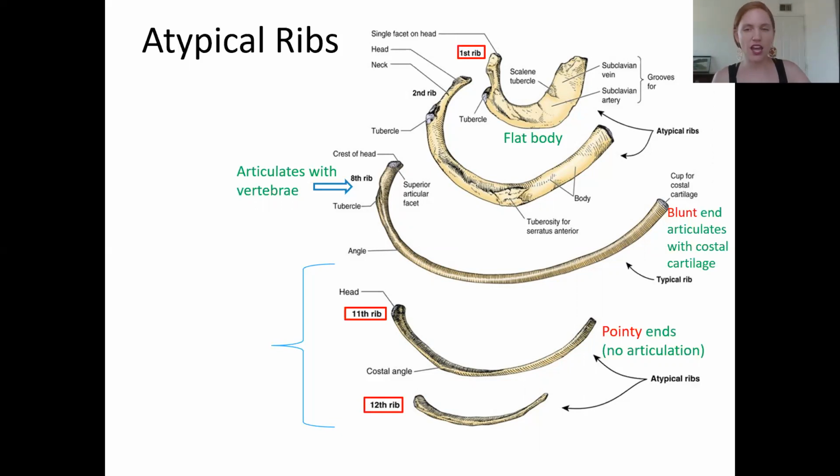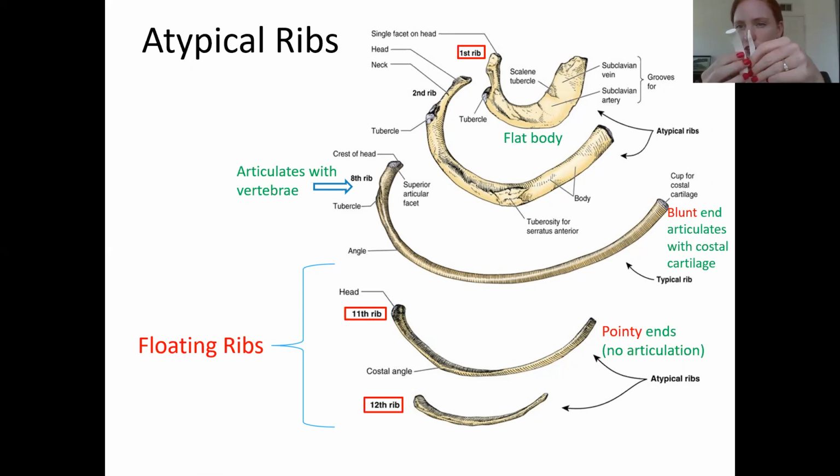Now for the floating ribs, so 11 and 12, when you look at the sternal ends of those, they don't connect to the sternum, and so they're going to have a different shape. They create a pointier shape. So this one right here would be rib 12, and I know this is rib 12 from the size of it, but also because it has that pointy end, and I know that this is a floating rib.